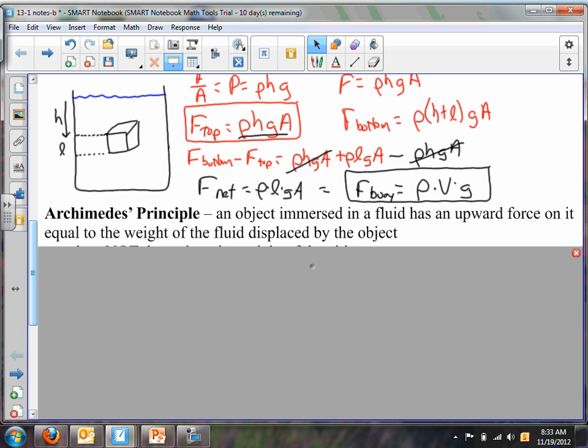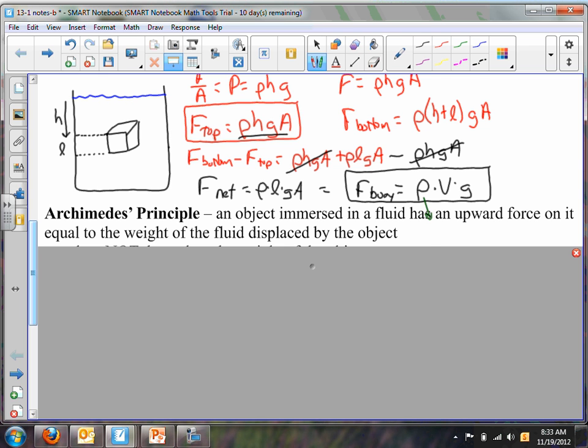Here's what Archimedes' principle says. An object immersed in a fluid has an upward force on it equal to the weight of the fluid displaced by the object. And we can come up with that directly from this equation.